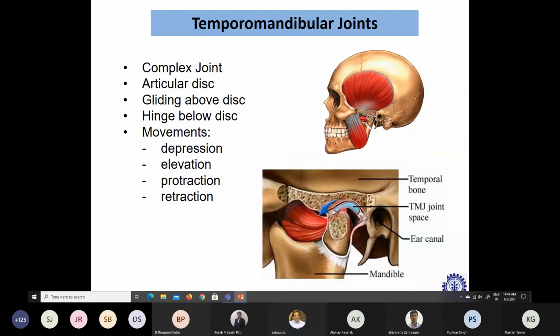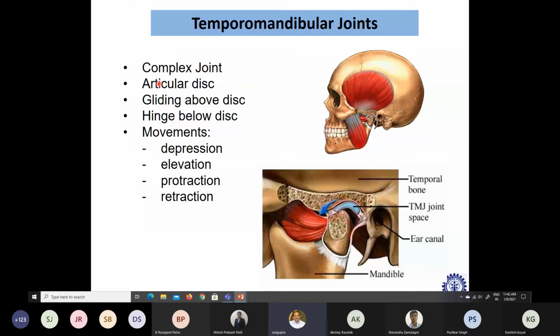This is just on top of the mandible structure, which is hanging basically from the skull. It is connected with the skull through the temporomandibular joint here.